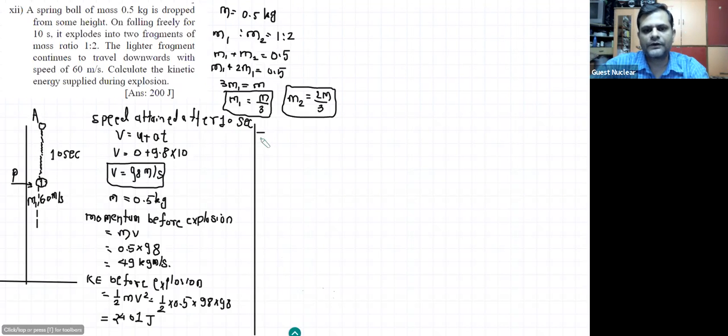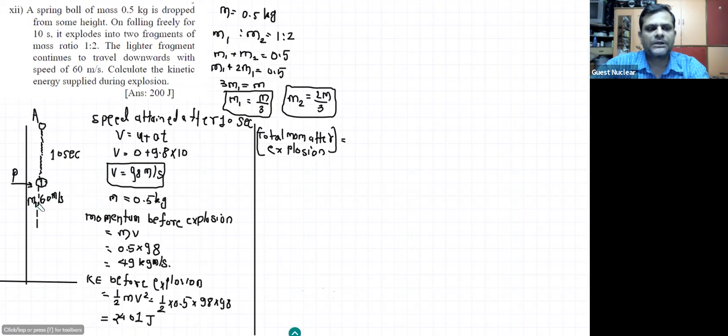So let us try to find out the total momentum after explosion. Okay, what is the total momentum after the explosion? Because after the explosion, the single body just breaks up into two parts.